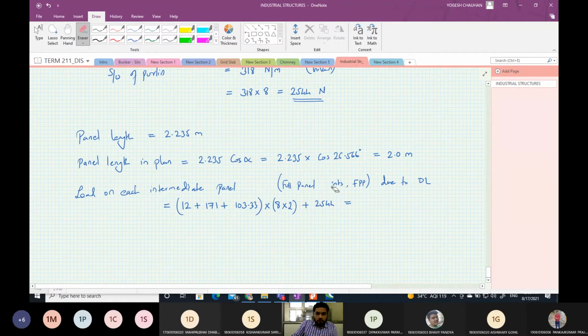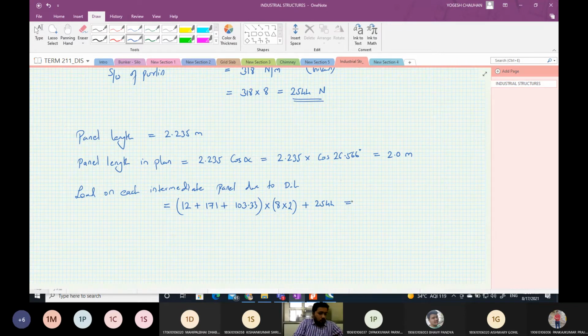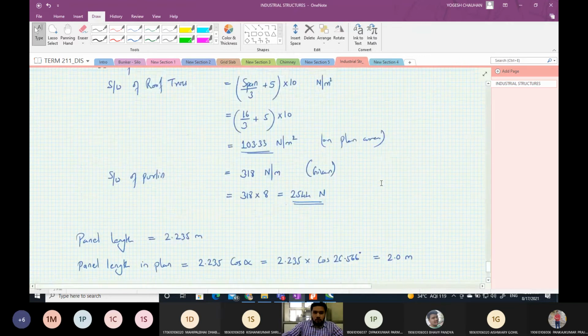Let us first find the total load on the panels due to dead load. So this will be 12 plus 171 plus 103.33. Let us again take an approximation.